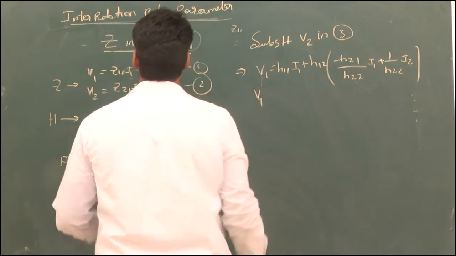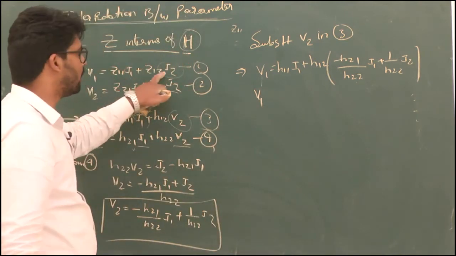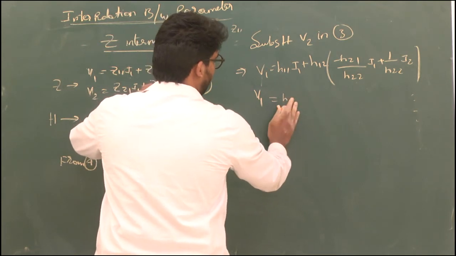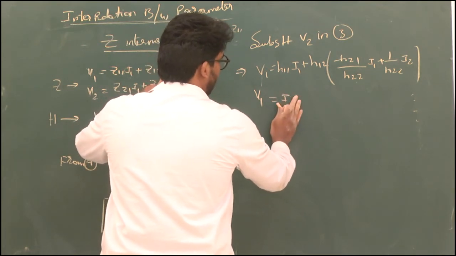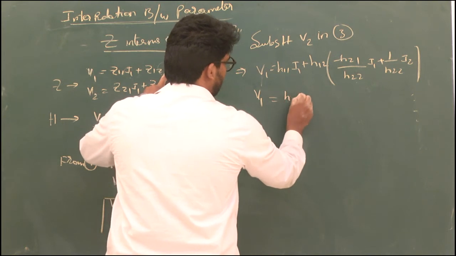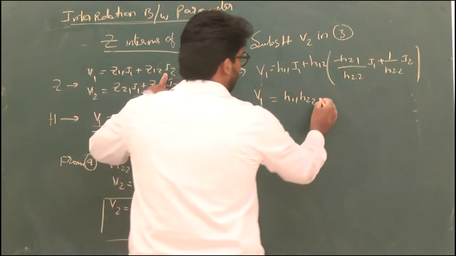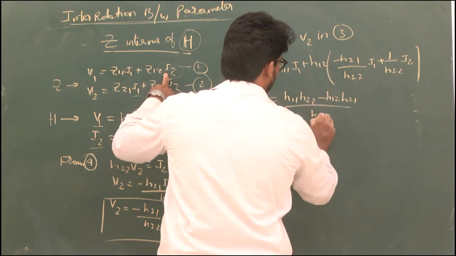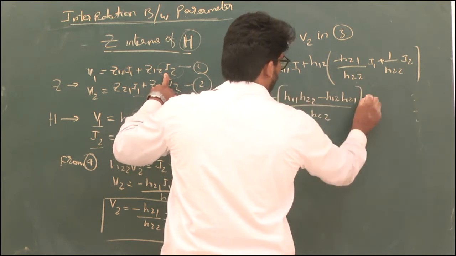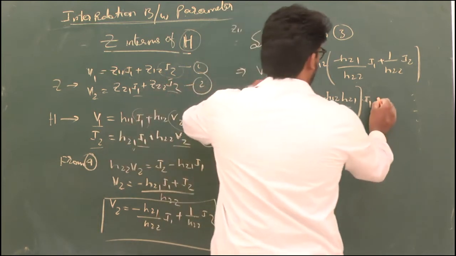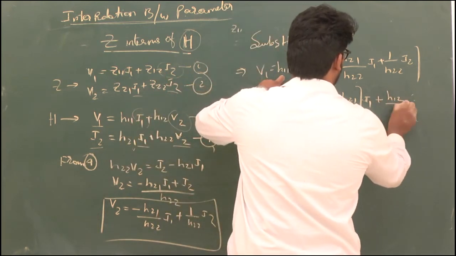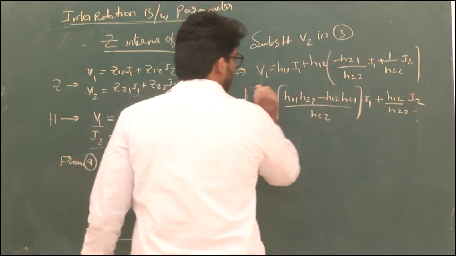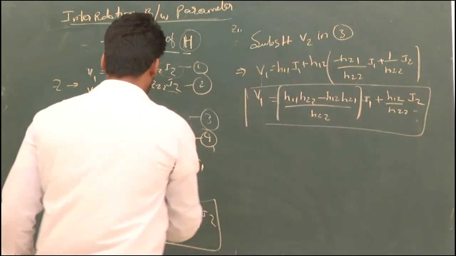Our aim is V1 in terms of I1 and I2. From this equation, taking I1 common, we get H11 H22 minus H12 H21 by H22 I1 plus H12 by H22 I2. This is the equation we got for V1 and V2.